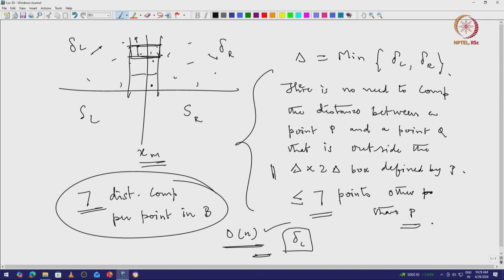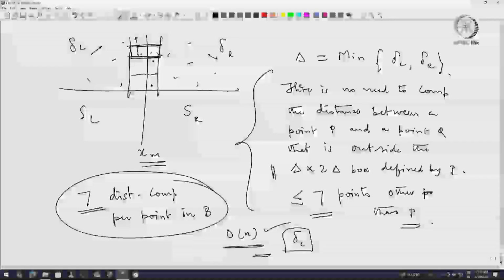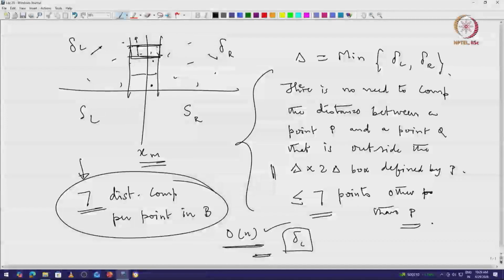Okay. So, B is a collection of points. For every point I have to figure out these 7 points. Which 7 points are within that delta box? Once I do that, I compute only those 7 distance computations, maximum 7 distance computations.